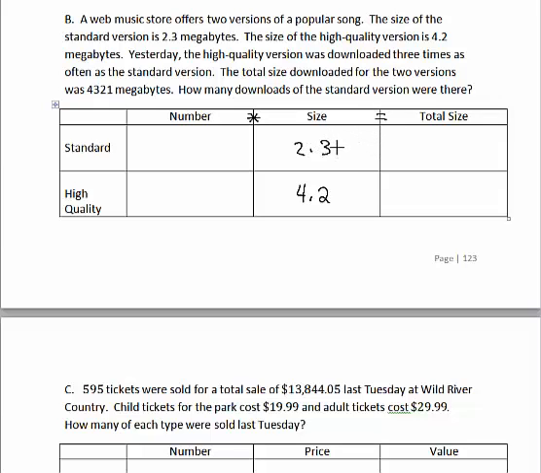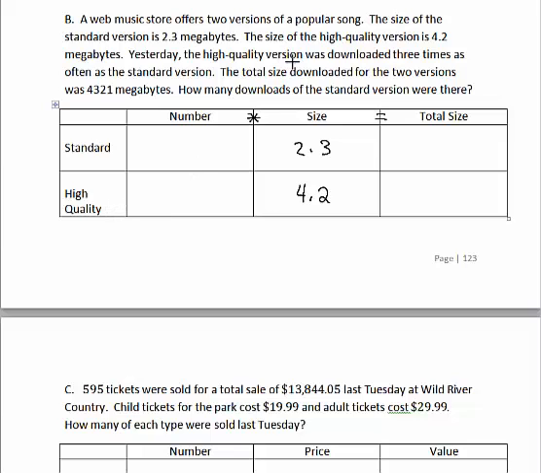So each version individually is 2.3, standard version, and it depends on how many of those versions were sold, or downloaded. So each one of these numbers would be 2.3, so number times size equals total value. Well, we weren't told anything about the numbers specifically to standard or just high quality.